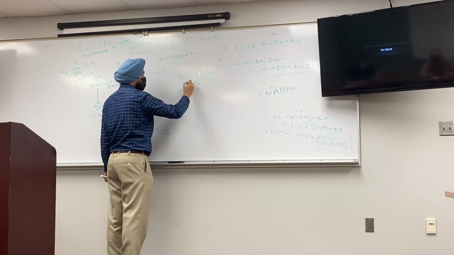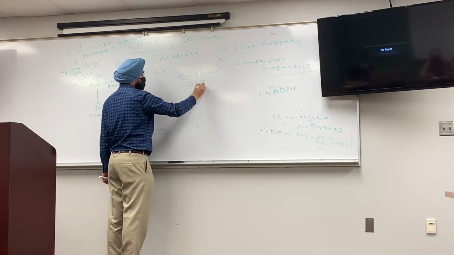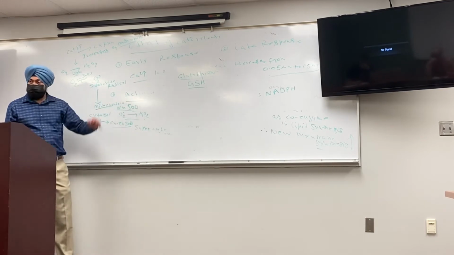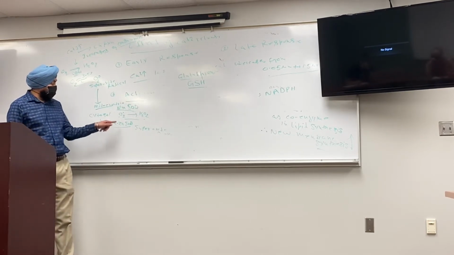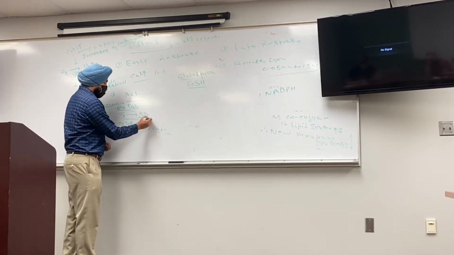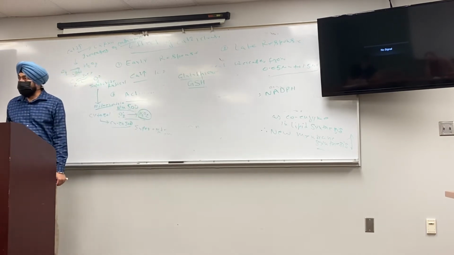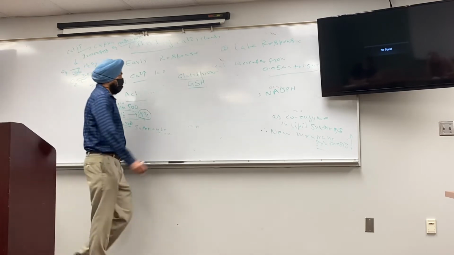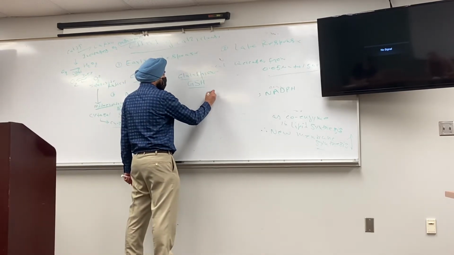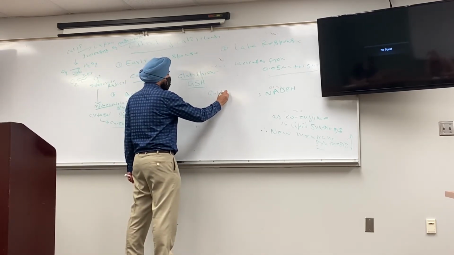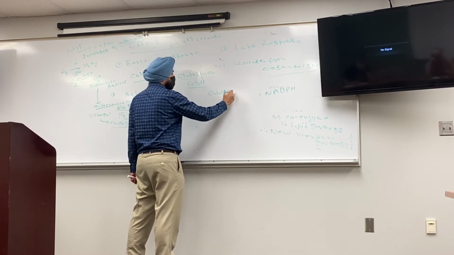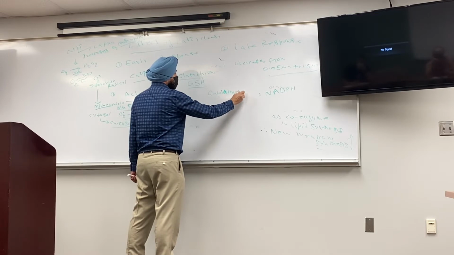It's called GSH. This glutathione is utilized to neutralize hydrogen peroxide. So at this stage, what happened? There is an enzyme called glutathione peroxidase.